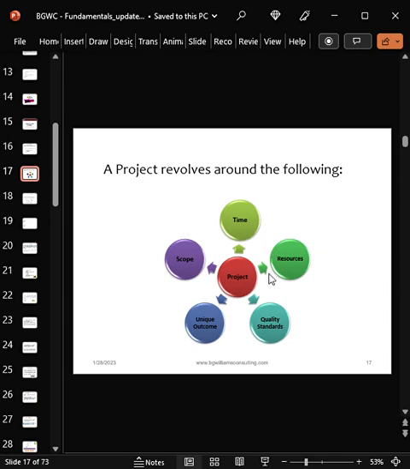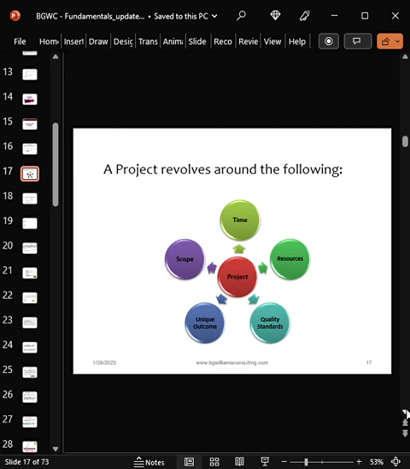Now, for every project that you have embarked on, there is no way you will not talk about scope, what we want to do. There's no way you will not talk about time, the schedule. There's no way you will not talk about what you need to do it, your resources, either human or physical. There's no way you will not talk about quality, and there's no way you will not be targeting the unique outcome. Here, you can also add budget, because there's no way you will not talk about cost. So all these are the basic things that revolve around the projects we embark on every day.